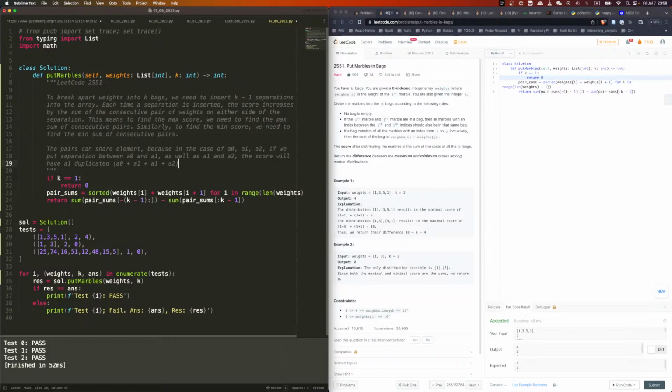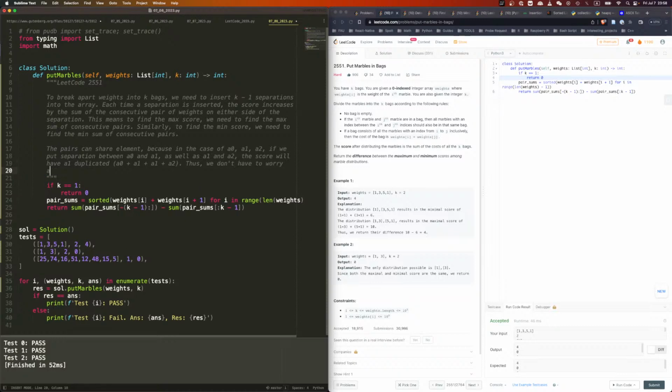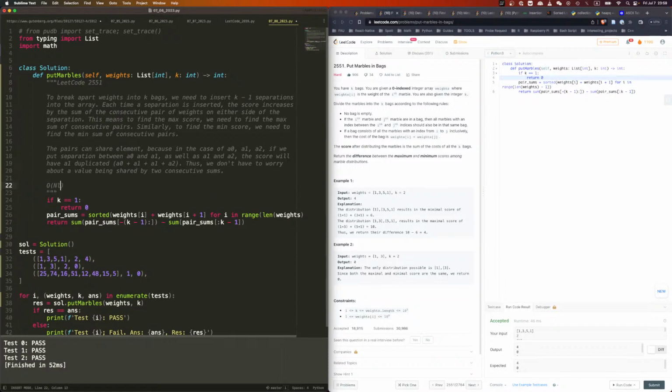Thus, we don't have to worry about a value being shared by two consecutive sums. Oh, and log n. Okay, so that's solution 1.